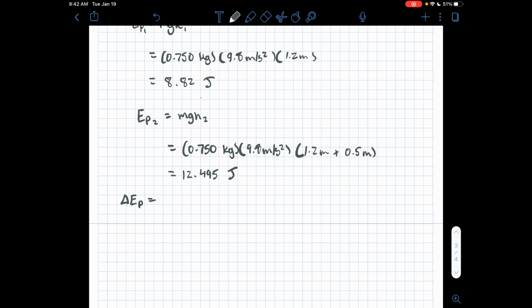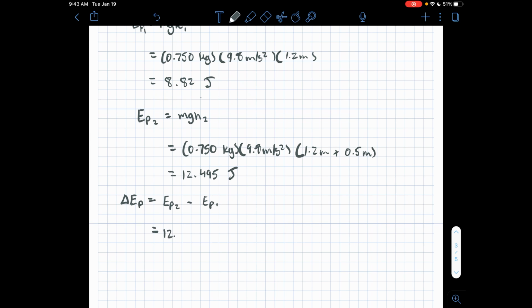So as you know, the symbol for change in is delta, which is just a little triangle. So that'll be the second potential energy, or sorry, the first potential energy subtracted from the second potential energy.